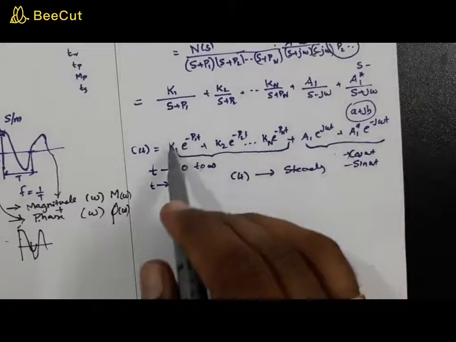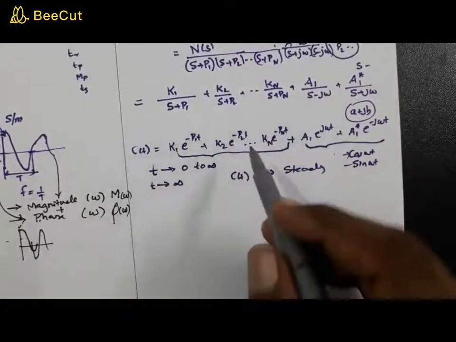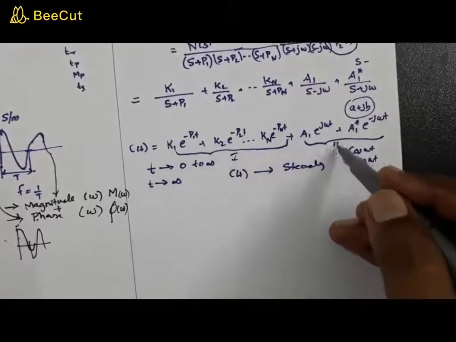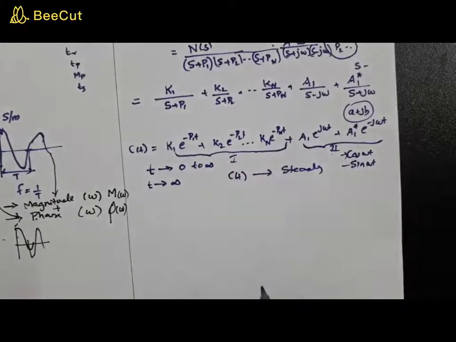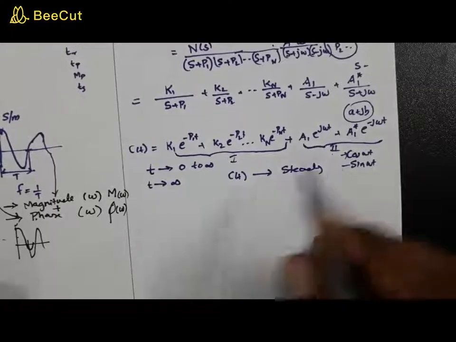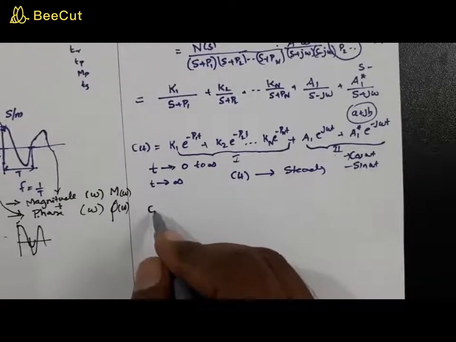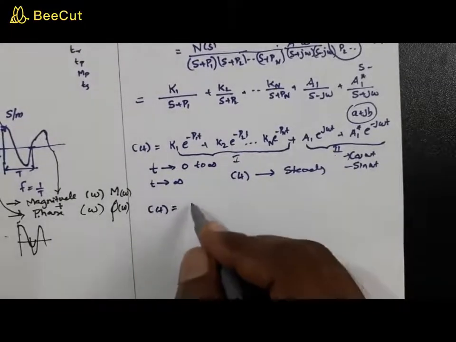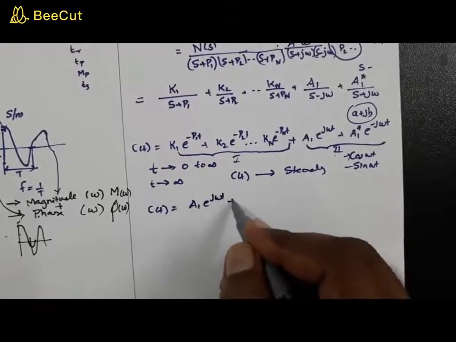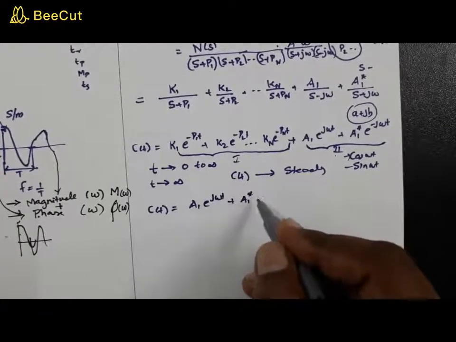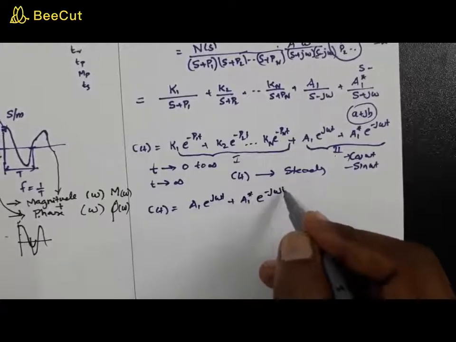But because of the exponentially decaying nature of the first part, it will reduce to 0, or you can neglect it. So finally, the steady state output will be a1 e raised to j omega t plus a1 star e raised to minus j omega t.